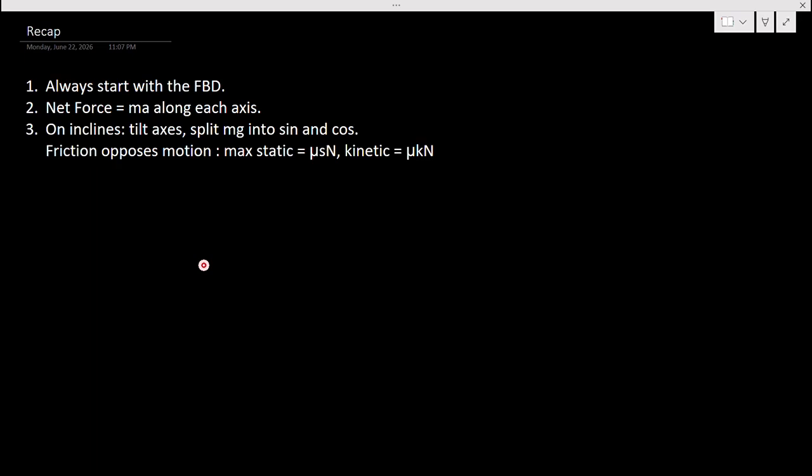The third thing to note is that when you have an incline, when you don't have a horizontal surface, you need to tilt the axes along the incline and perpendicular to the incline. Split all the forces in those directions, and you will have everything you need to solve the question. Do this every time, and JEE mechanics stops being scary.